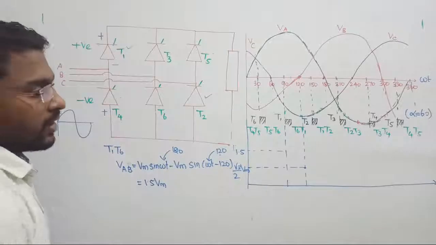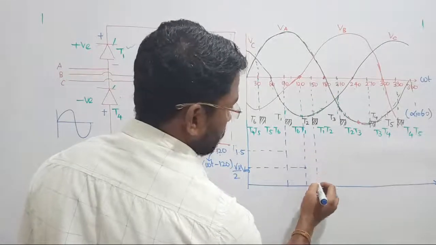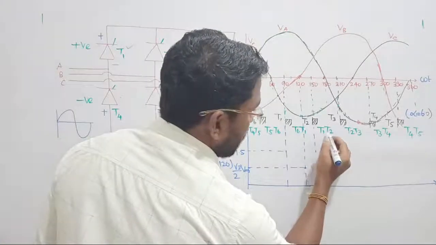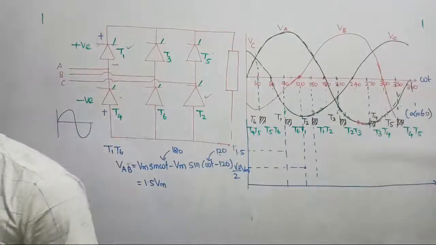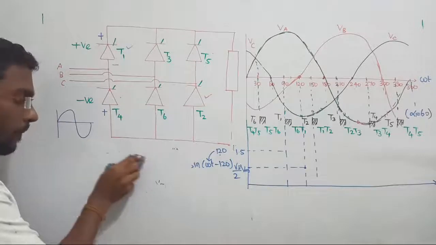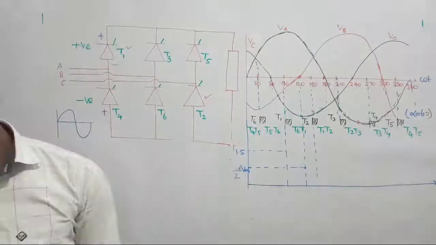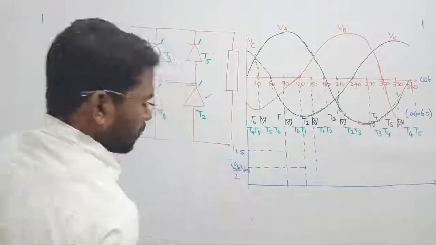Let us see. Next, when I choose omega t equal to 150, at this point we are going to trigger thyristor T2, and then T1 and T2 carry the current. Slowly understand, no problem. Shall we start?